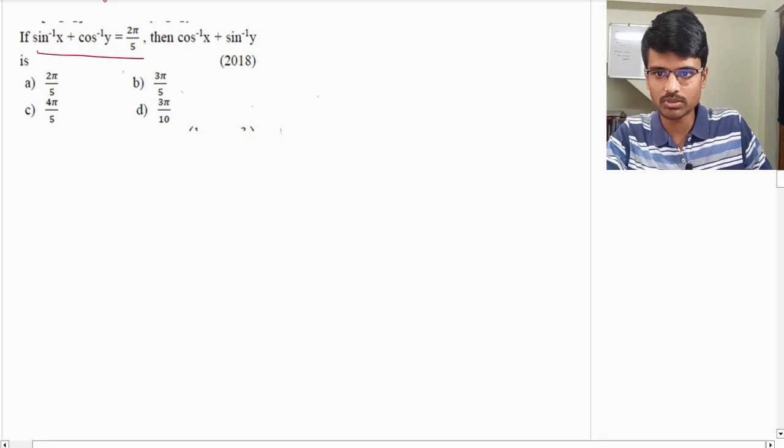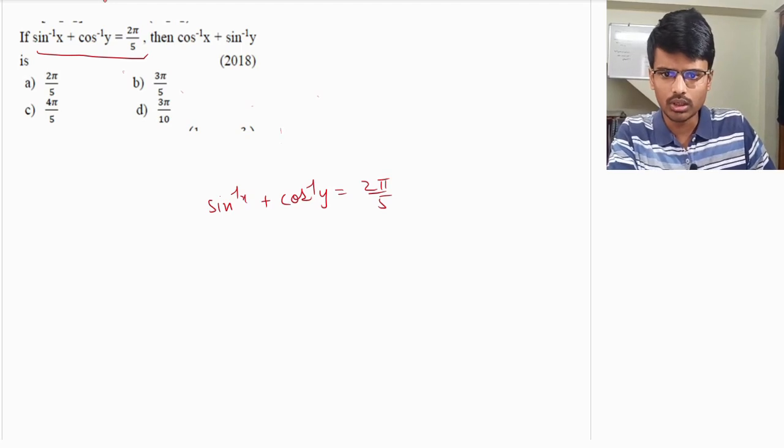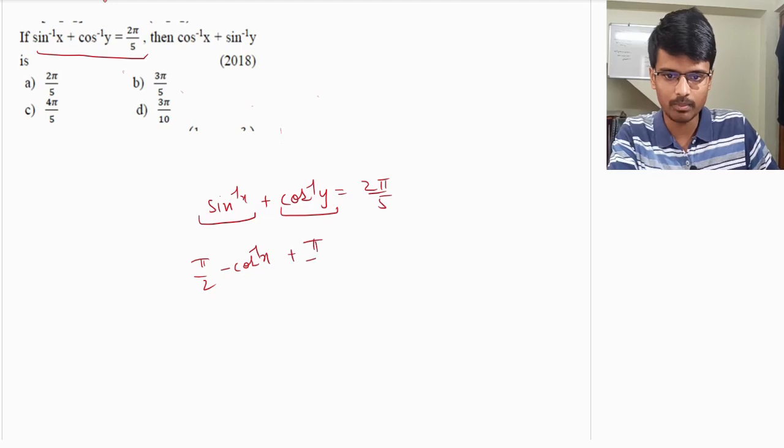Sine inverse of x plus cos inverse of y equal to 2 pi by 5. Let me write that down. Sine inverse of x plus cos inverse of y is equal to 2 pi by 5. Okay. So I can write sine inverse of x as pi by 2 minus cos inverse of x. Agree. Cos inverse of y can be written as pi by 2 minus sine inverse of y, equal to 2 pi by 5.